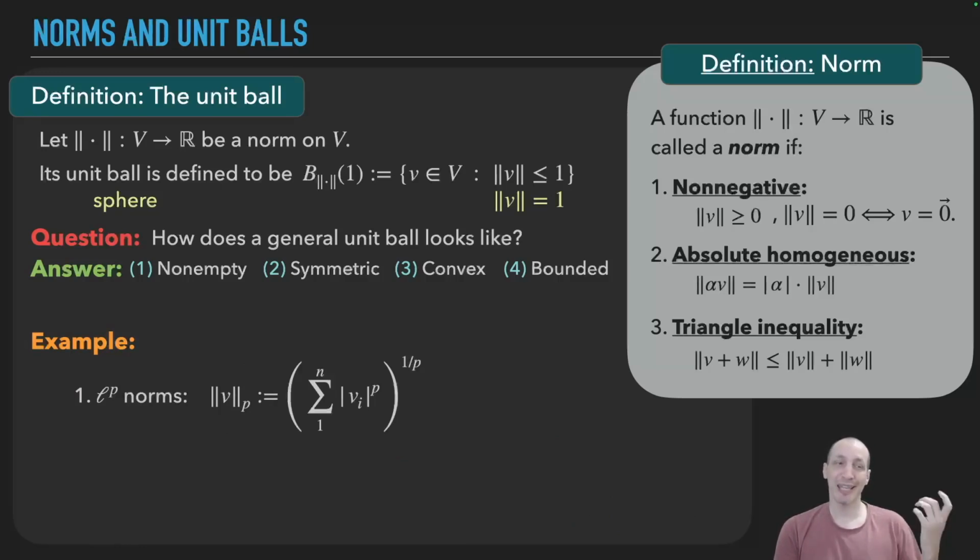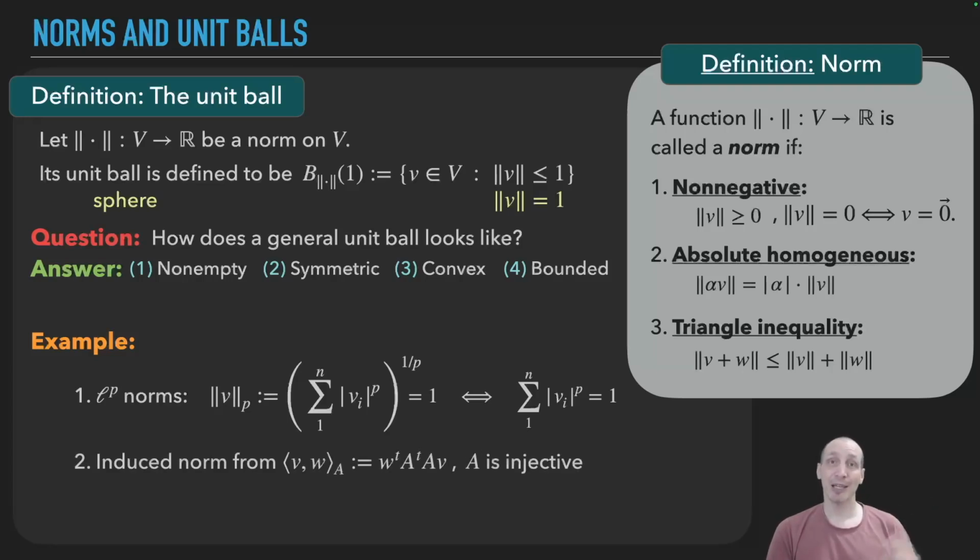So recall that the LP norm of a vector V, we take the coordinates in absolute value, we raise to the power of P, we sum up the coordinates and then take 1 over P. And one thing interesting about looking at the unit ball or the unit sphere is that if you want just the unit sphere, if you want to equate it to 1, then the norm is 1 exactly when the sum of the Vi to the power of P is 1. Right, so we can remove the 1 over P, which is a little bit more complicated. Okay, so these are the LP norms that I want to talk about.